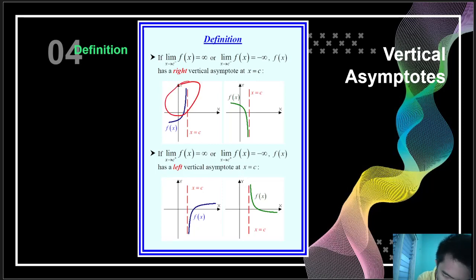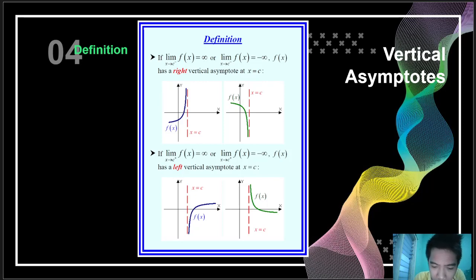This graph is your function. Then, if this function as x approaches c minus has a limit of infinity, when x approaches c minus, then it has a right vertical asymptote.